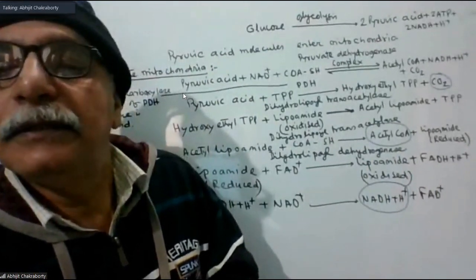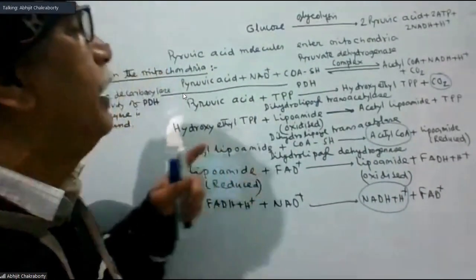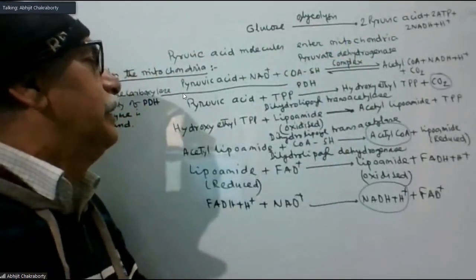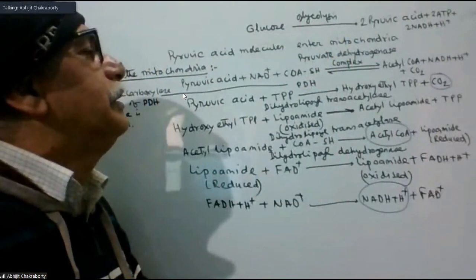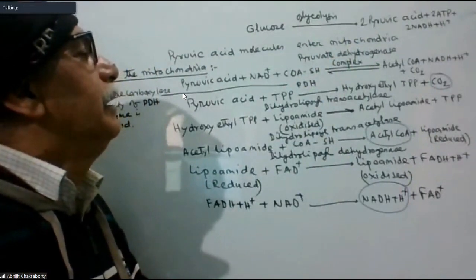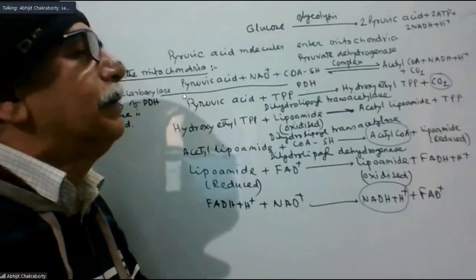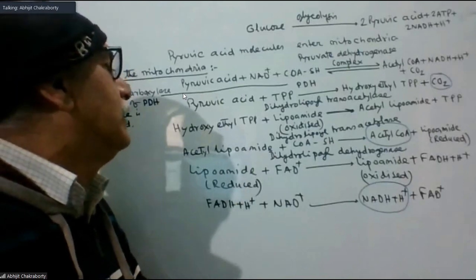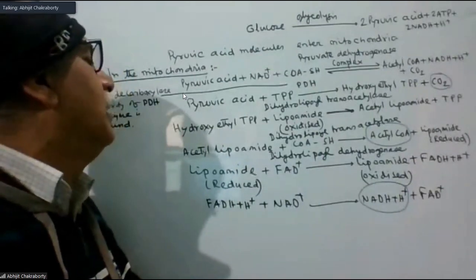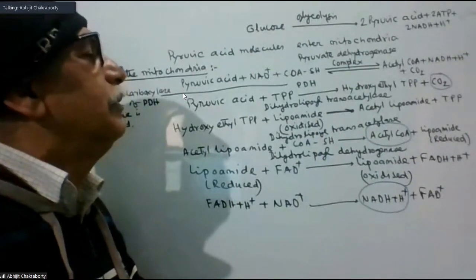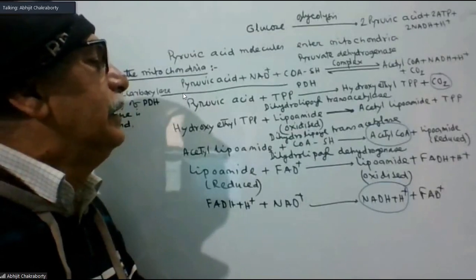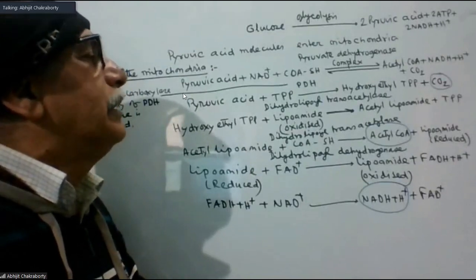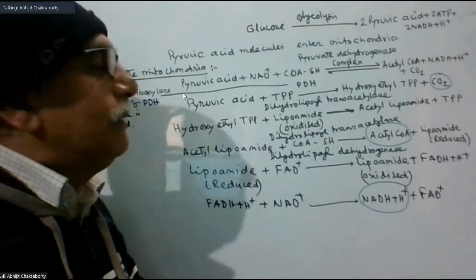Here it is said why it is called pyruvate dehydrogenase complex. In the first reaction, pyruvic acid is converted to hydroxyethyl TPP, and the decarboxylase activity of PDH is found. In the next two reactions, hydroxyethyl TPP is converted to acetyl lipoamide and then to acetyl coenzyme A. Both are catalyzed by dihydrolipoyl transacetylase, and the acetyl group is transferred.